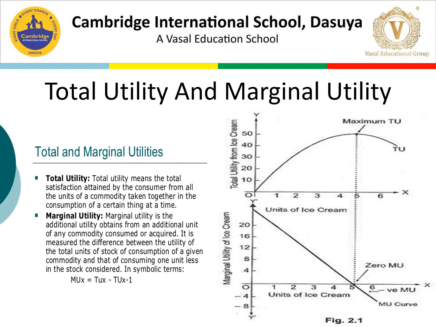Now let's move on to the graph on the right hand side of this slide. The first graph shows the total utility. Total utility starts from the origin point and starts increasing.